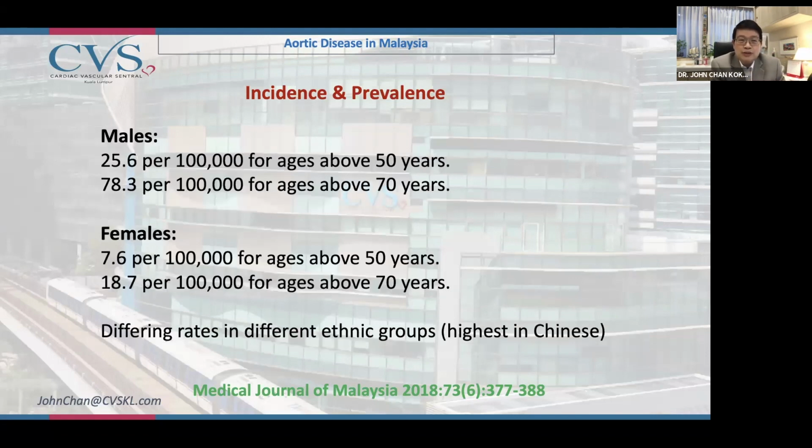It is more common in males compared to females, and it is more common the older you get, so that the incidence is 78 per 100,000 if you're above 70 years of age, but it's only 25 per 100,000 above 50 years of age.